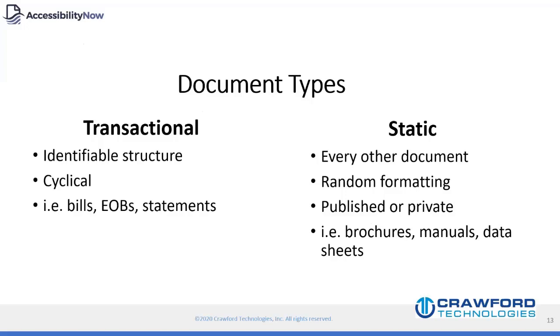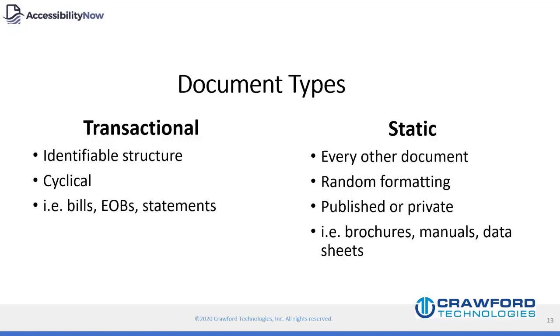A transactional is something that has cyclical information on it, repetitive information. For example, a mobile phone bill, explanation of benefits, bank statements, credit card statements, those type of documents where you are getting documents delivered once a month, every month, and they follow the same structure. And every month when you look at them, they look the same.